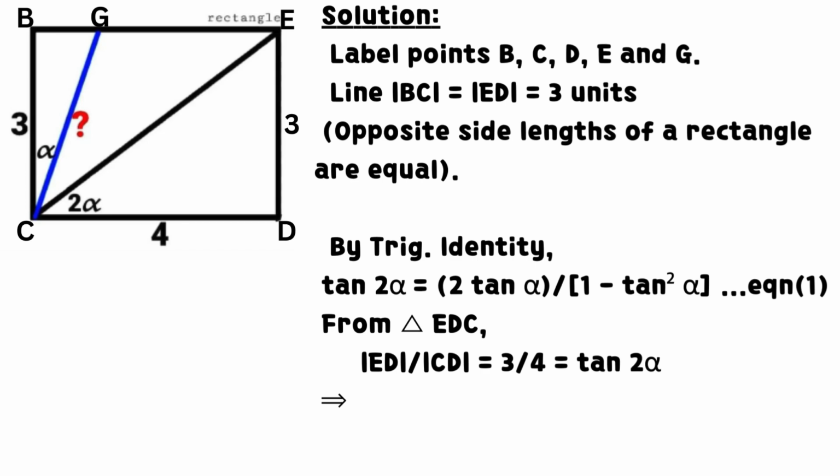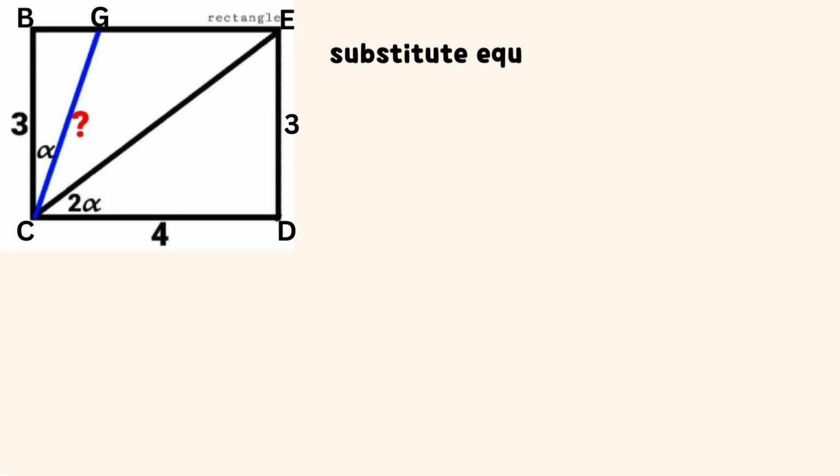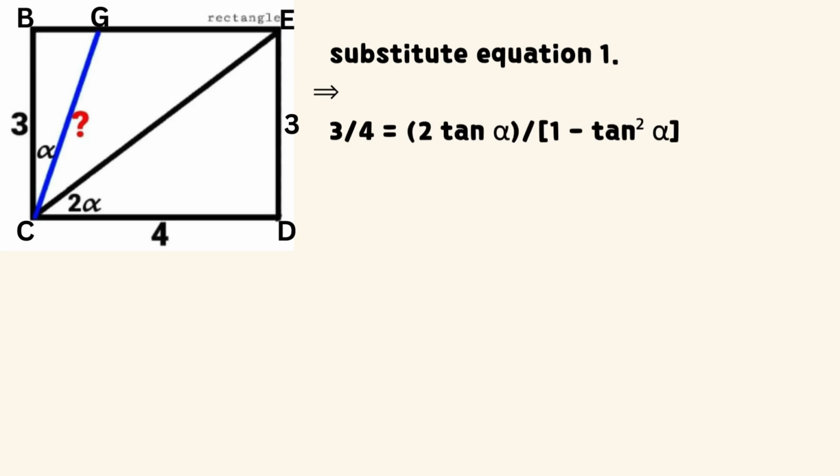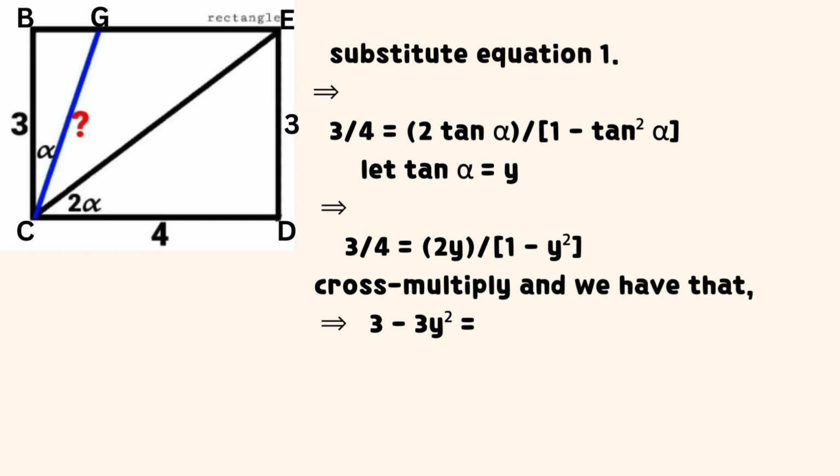From triangle EDC, line ED divided by line CD equals 3 divided by 4, which equals tan 2 times alpha. It follows that, substituting equation 1, 3 divided by 4 equals 2 times tan alpha, all divided by 1 minus the square of tan alpha.